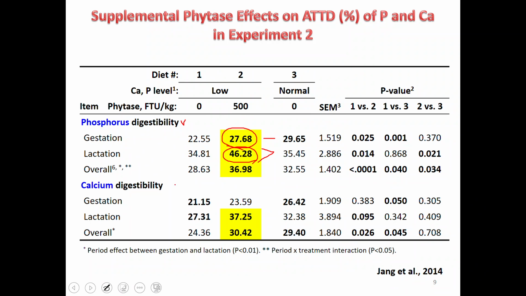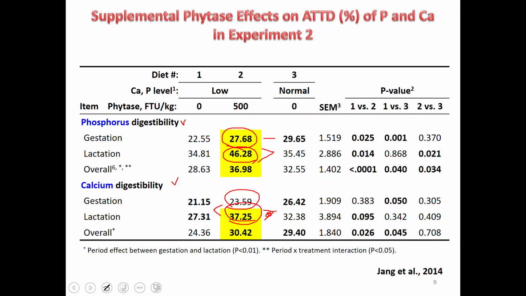And calcium digestibility here, in the gestation period, there was no improvement detected in calcium digestibility, but in lactation period, calcium digestibility is increased, okay, compared to no phytase diet.